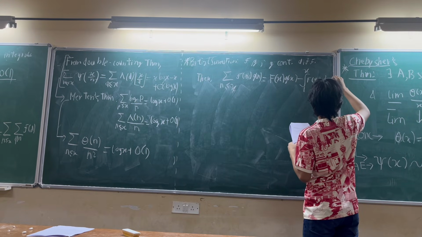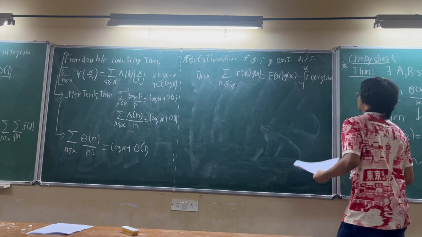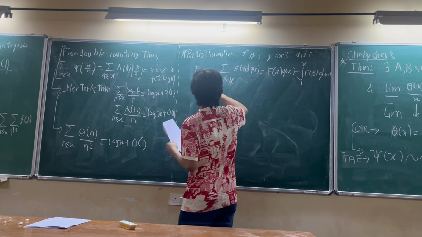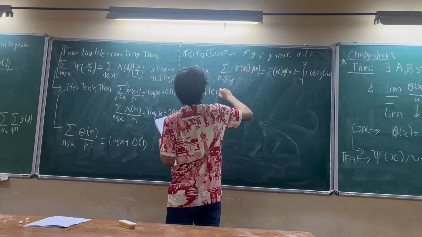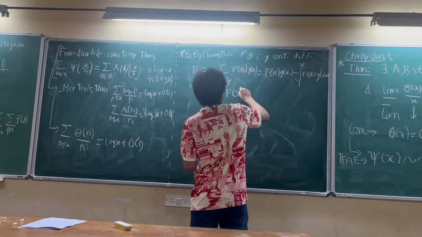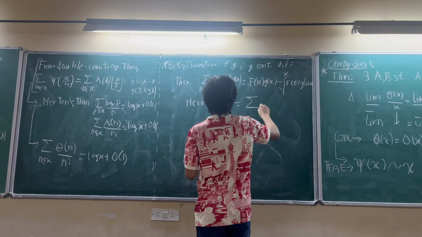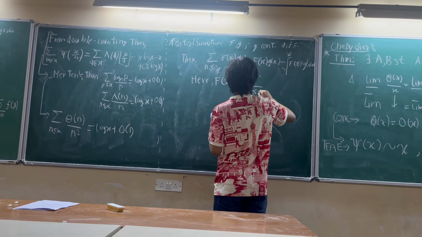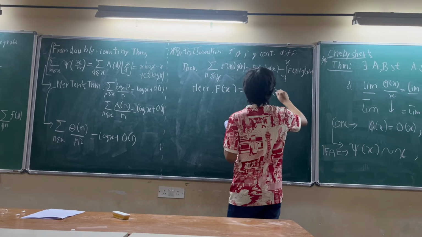The variable of integration here is t. So this is where g being continuously differentiable comes into play, and here capital F of x is in fact summation n less than equal to x of small f(n).